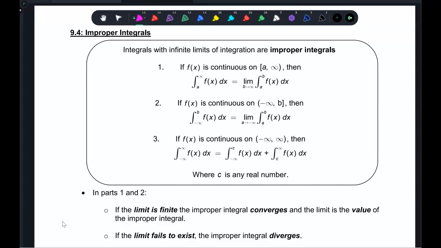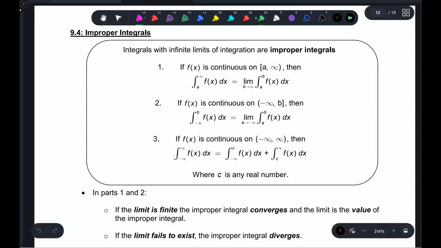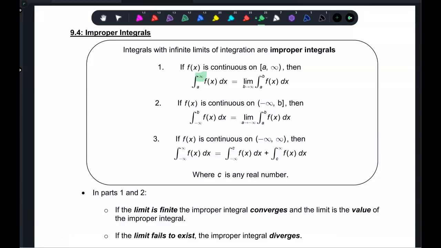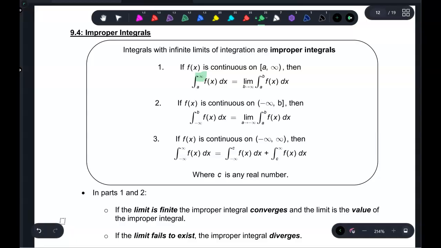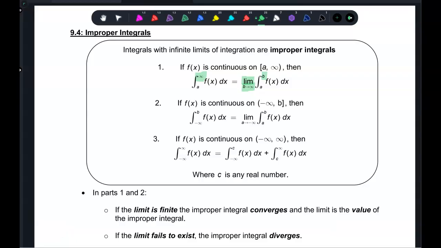So what we basically do is, if an upper limit of integration is infinity, we change this to a limit and then change the upper limit of integration to a variable. And then we evaluate the integral, and then we do the limit of that.